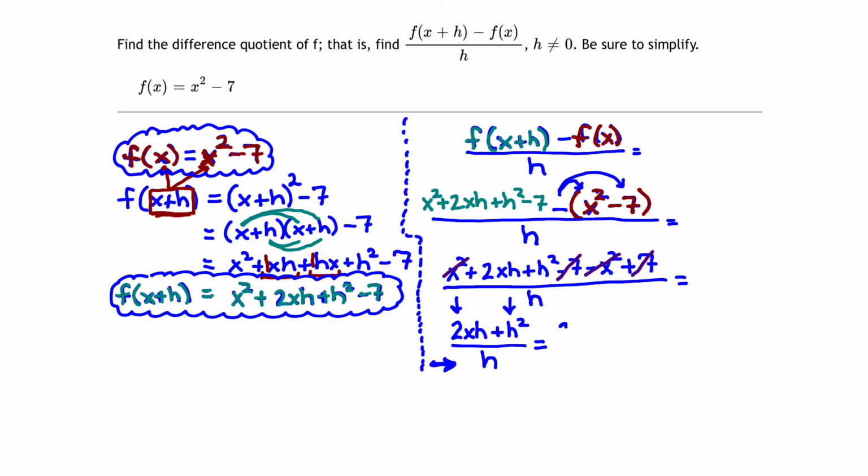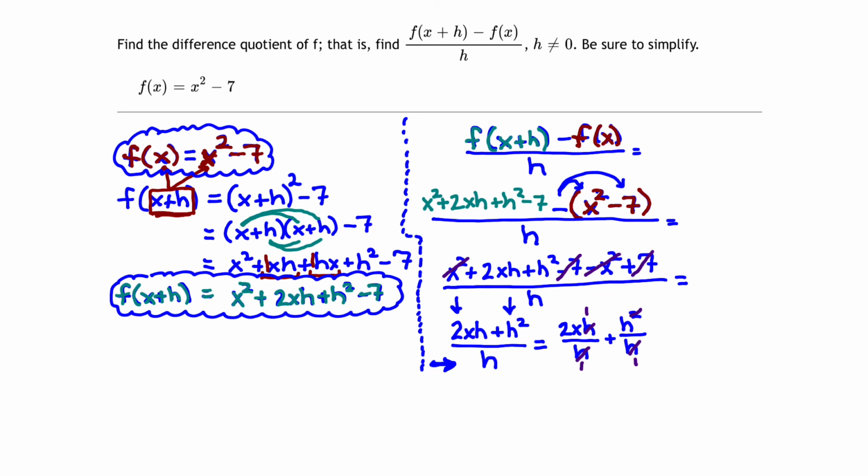I'm going to break up that fraction to show you that cancellation. That is, I'm going to take my first term, 2xh, and divide it by h, and my second term, h squared, and divide it by h. To divide a polynomial by a monomial, we divide each term by that monomial. By putting it that way, we can see very clearly how h cancels from the first term and how h cancels from the second term.